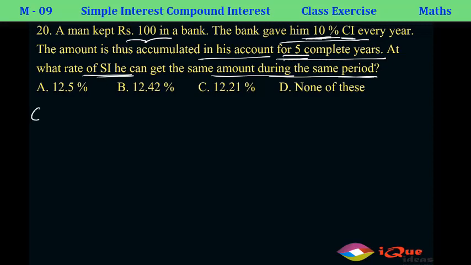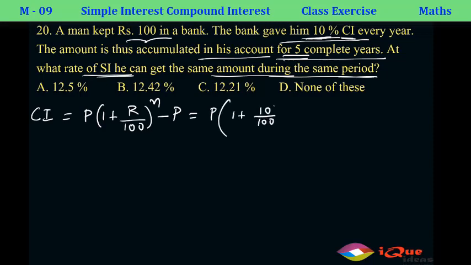So the required compound interest will be equal to P into 1 plus R by 100 to the power N minus P, which is equal to, P is common, P into 1 plus R upon 100 to the power N minus 1, where R is 10 and P value is 100. So it will be equal to 100 into, now 1 plus 10 by 100 is 1.1 to the power 5 minus 1.